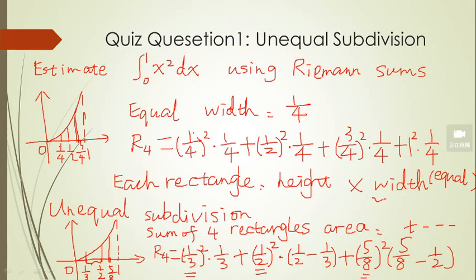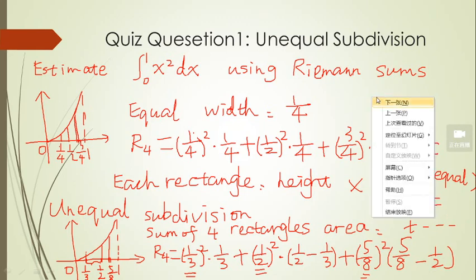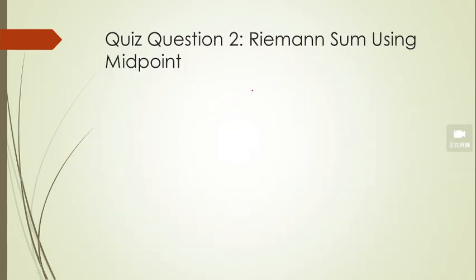And you need to figure out the weights because the weights change. So that is what we said, unequal subdivision. Also, you can watch some videos at Khan Academy to help you finish those. Okay, that is the first question. If you have unequal subdivision, how can you get the sum of several rectangle areas?